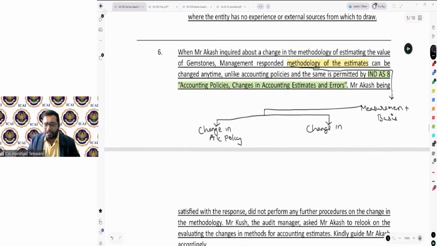So first of all, I need to understand whether the change is in accounting policy or in the estimate.